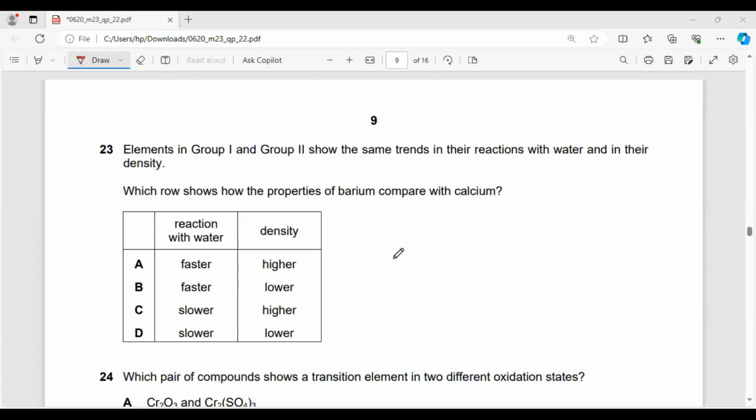When we go down the group, both reactivity and density increase, because of which, as barium comes below calcium, its reactivity with water will be faster, and it will also have high density. So option A is correct.